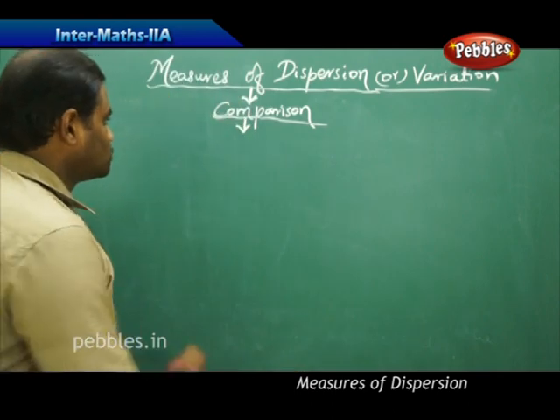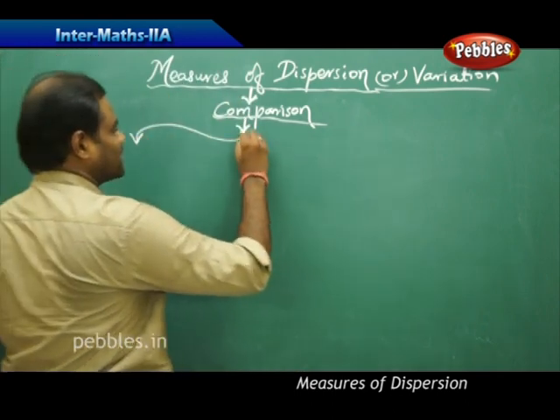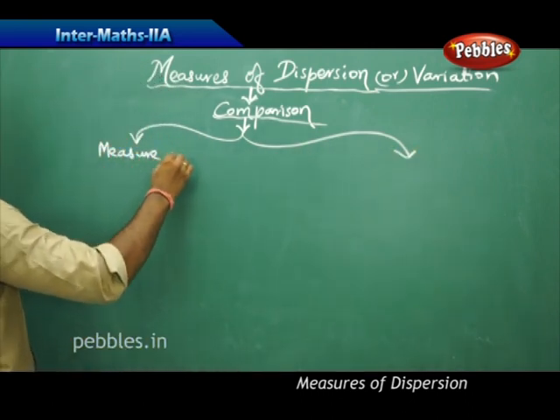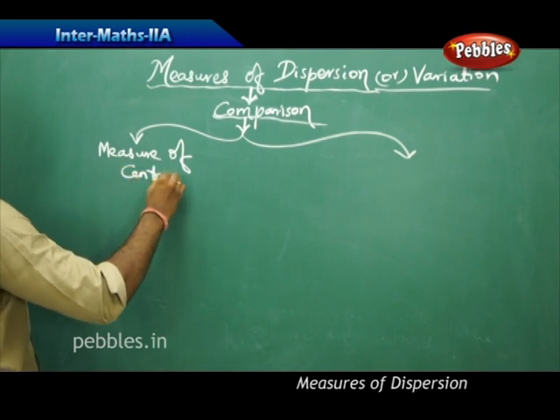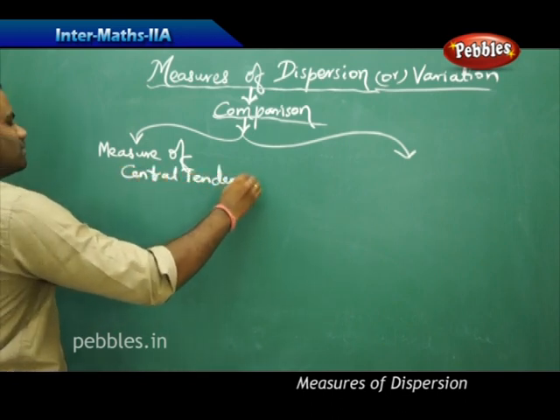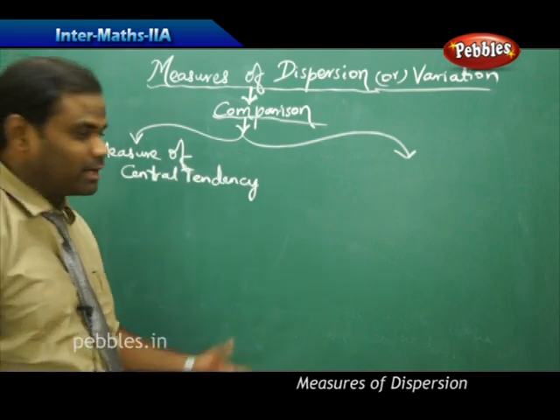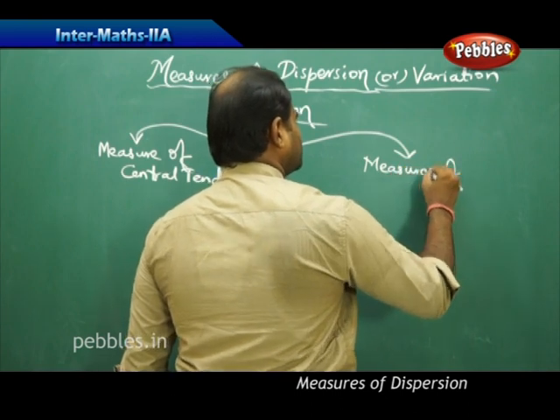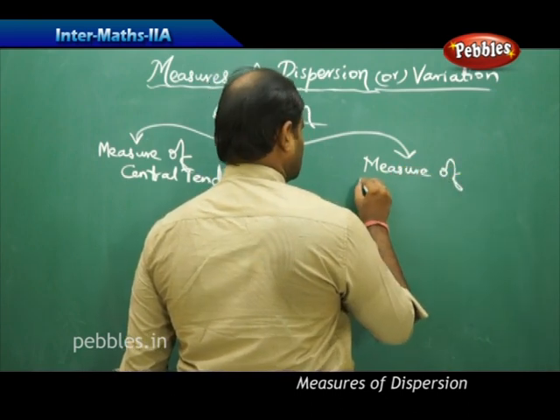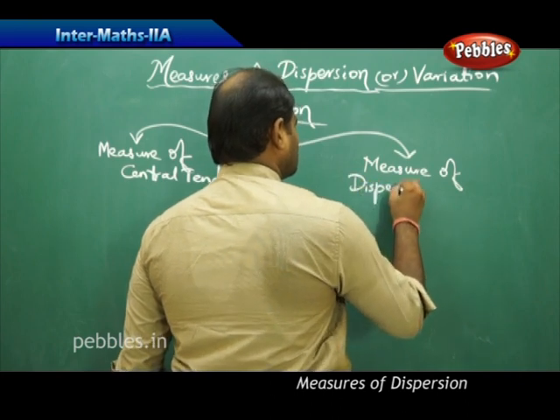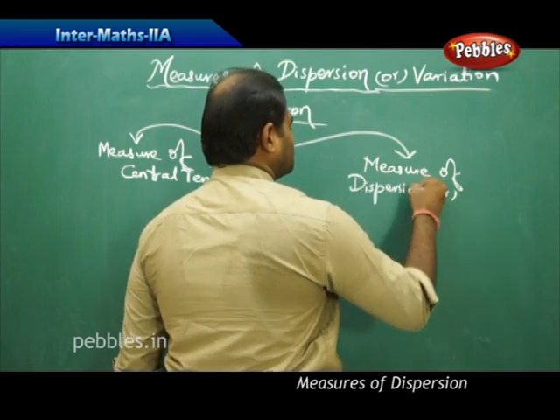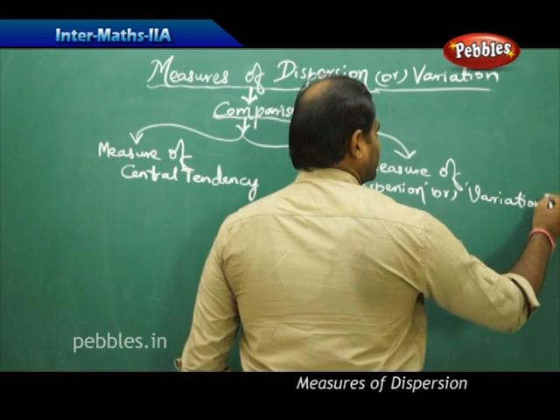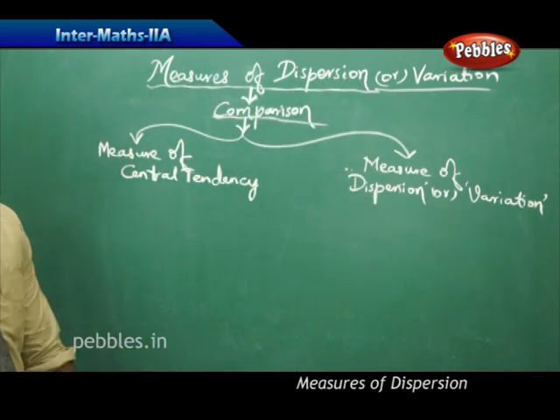So let's compare the two measures in the study of statistical data. One is measure of central tendency, which we estimate through mean, median and mode, and measure of dispersion or variation, which we have as other measure.